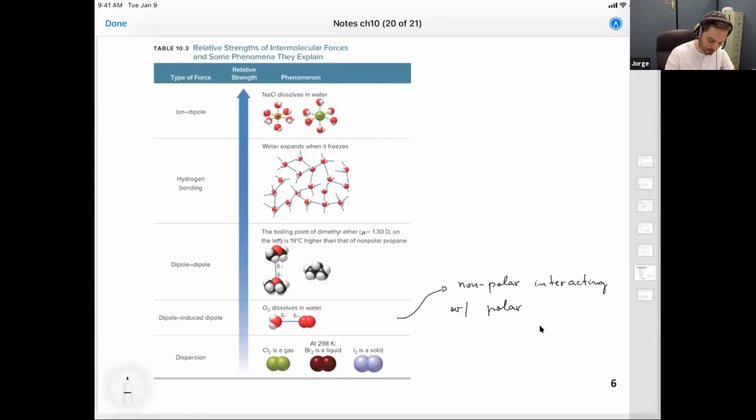What happens here? Let's use the example here: what happens when we have water interacting with oxygen?